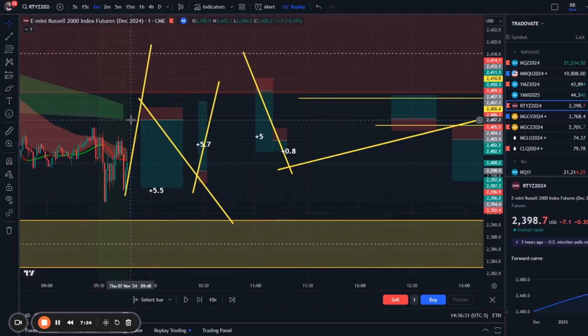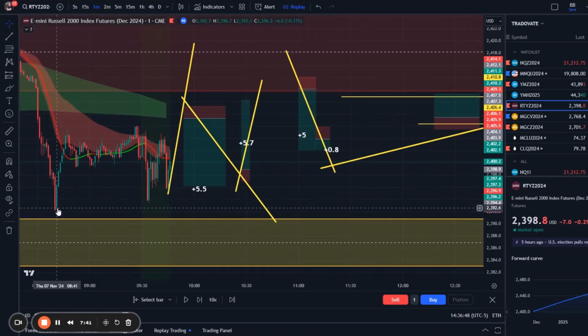Again, ping pong, a tennis ball going back and forth between two players, right? So now we've come up. We've not been able to hit this medium, what I call a 1 minute order block in here. This price was not hit again, so it came back down, and then it didn't hit here again.